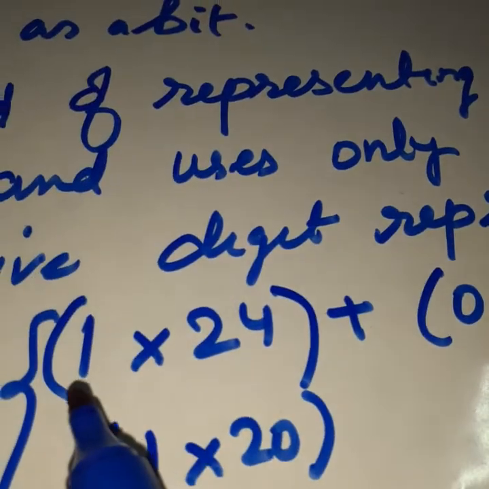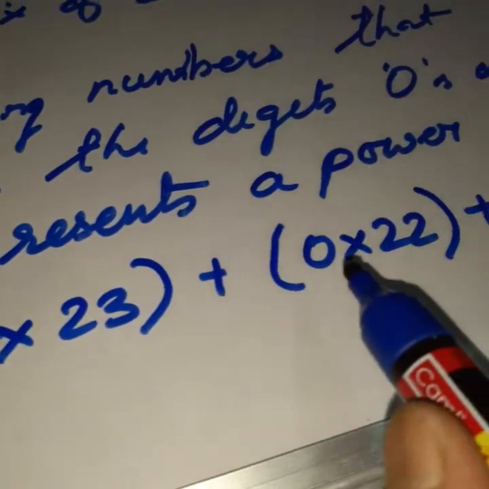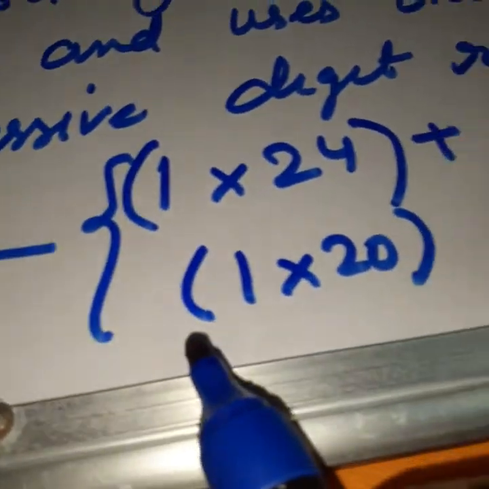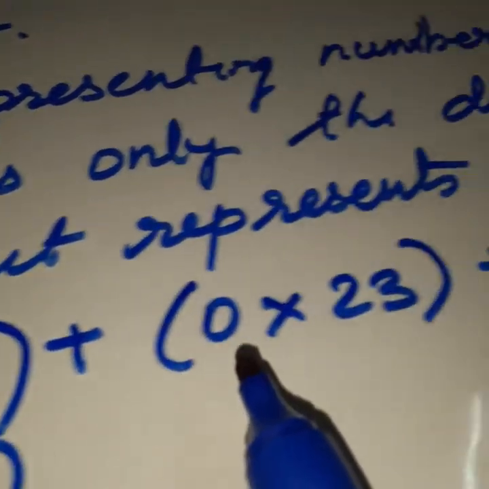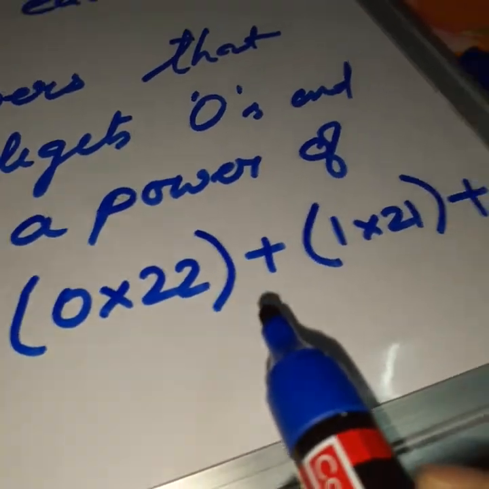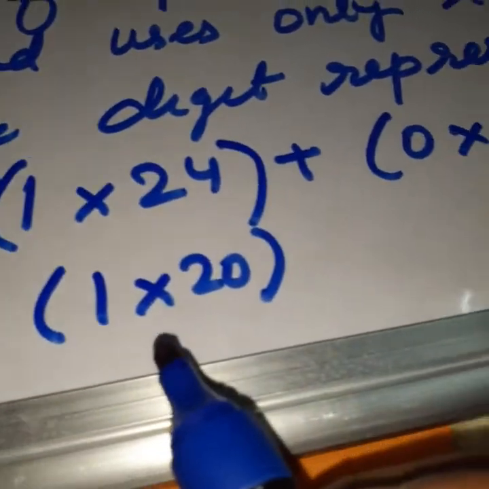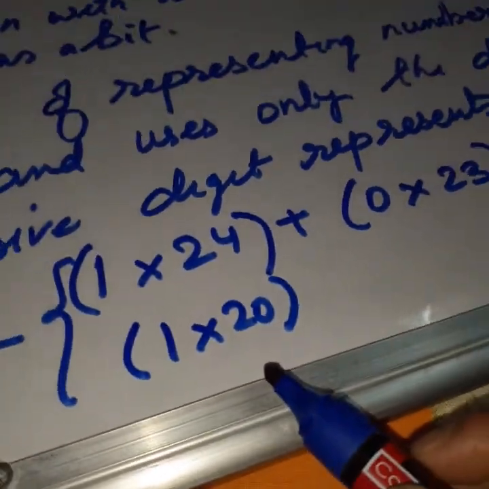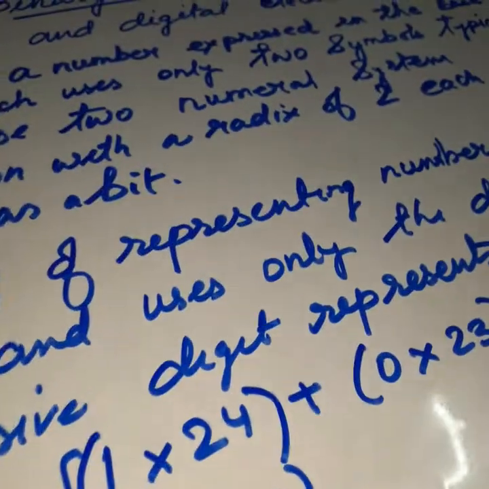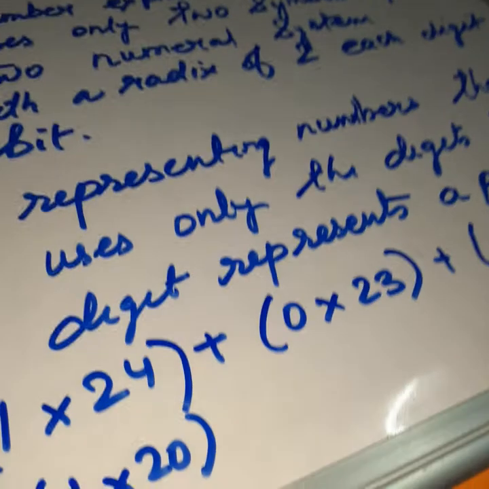Here you see the powers 2^4, 2^3, 2^2, 2^1 and 2^0. So this is the binary system. I think you have understood the binary system.